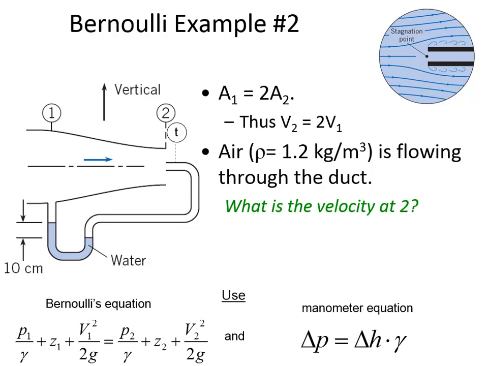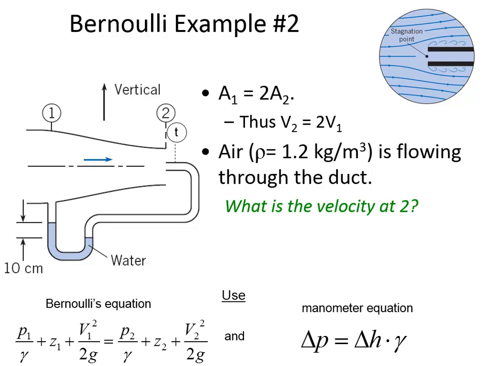So if we continue with Bernoulli's equation, then we have the pressure at 1 plus the density times velocity at 1 squared divided by 2 is equal to the pressure inside the tube. And I got that by multiplying each term by gamma. So P1 divided by gamma times gamma will just give us P1.